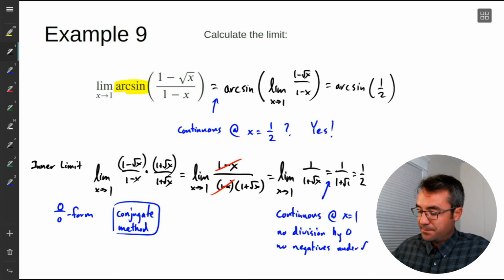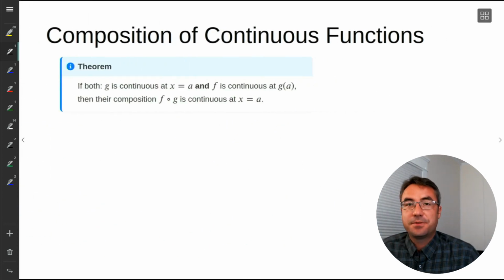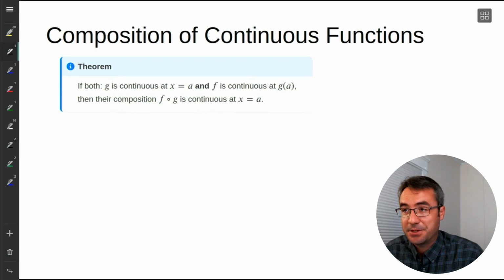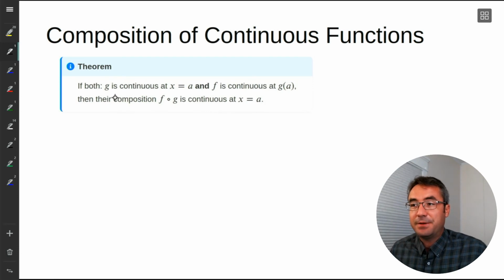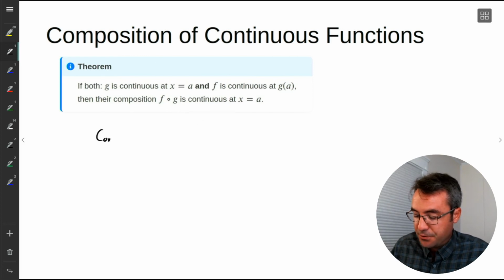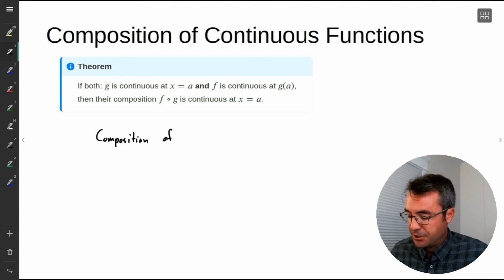Well, there's one other result regarding the composition of two continuous functions. So again, if we know the inner function is continuous at x equals a, and we know the outer function is continuous at g of a, then their composition is also going to be continuous at x equals a. So this is just another result basically saying the composition of two continuous functions is continuous.